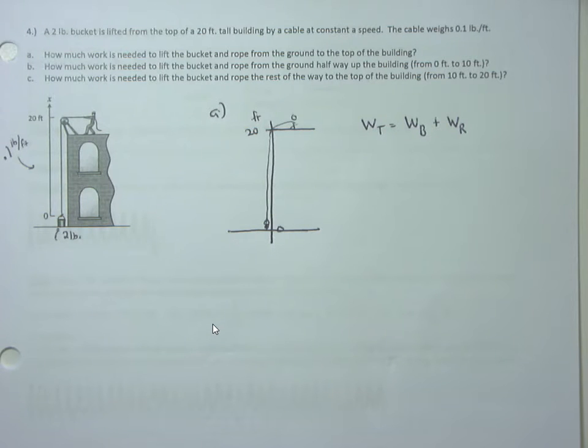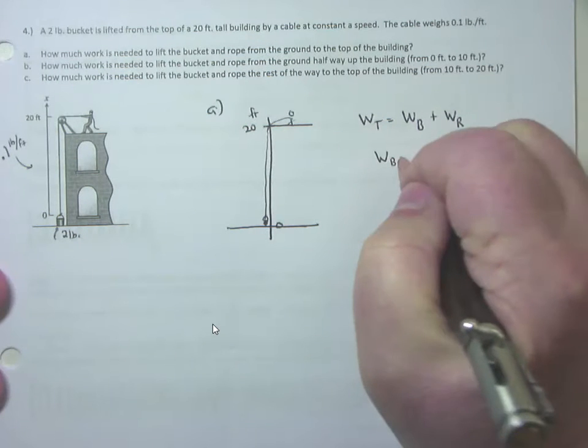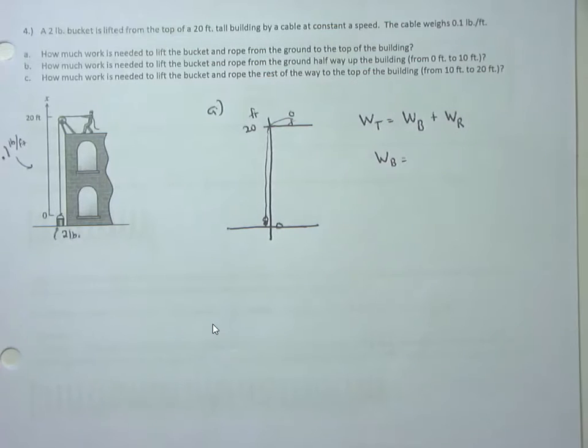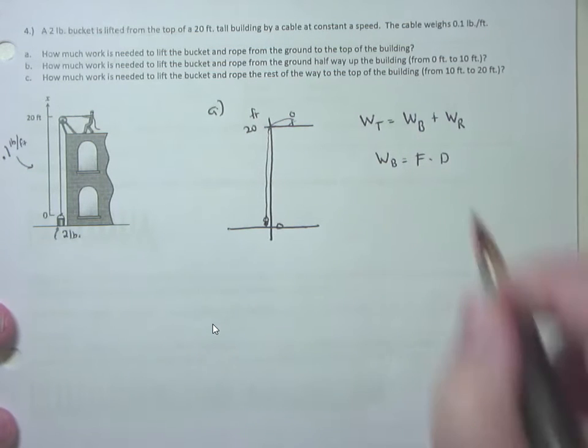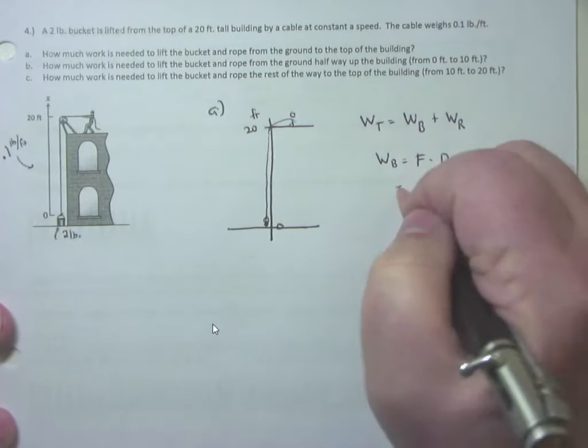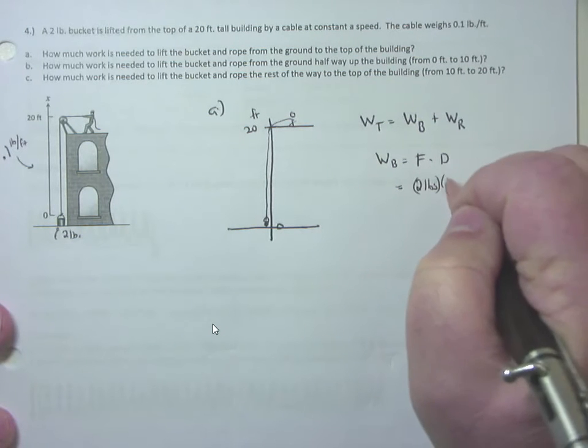One of them is typically really simple. Which one's going to be the simple math? The work on the bucket. The work on the bucket, because the bucket is constant, it doesn't matter at what level you put it, it's still force times distance. The force is constant. The distance is constant. What did the bucket weigh? 2 pounds. How far do we want to lift it? 20 feet.